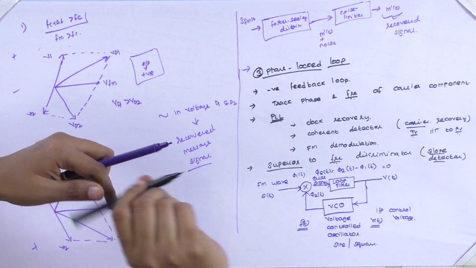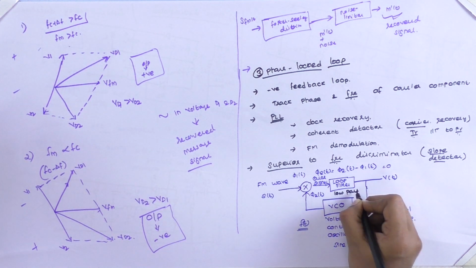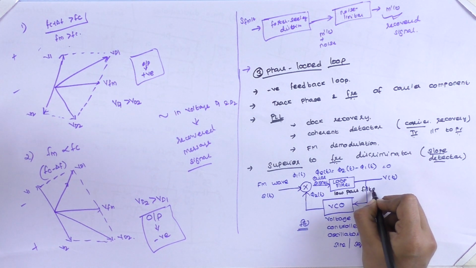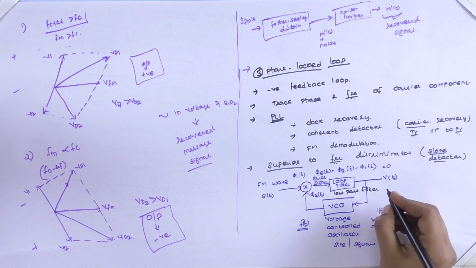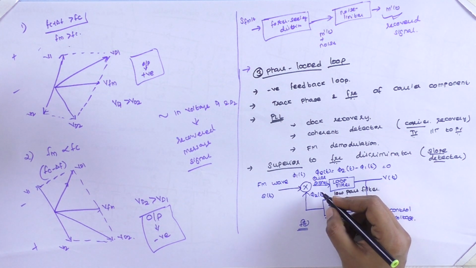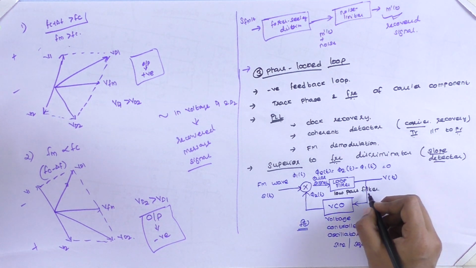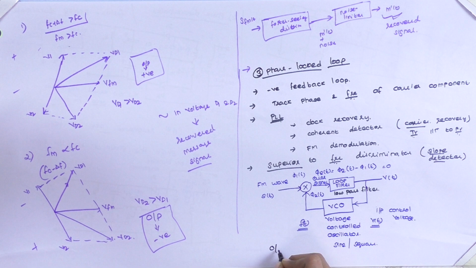This loop filter is like a low pass filtered version. The output of the VCO is always a 90 degree phase shift, with the same magnitude. The output of the VCO is at frequency fc and 90 degrees out of phase.